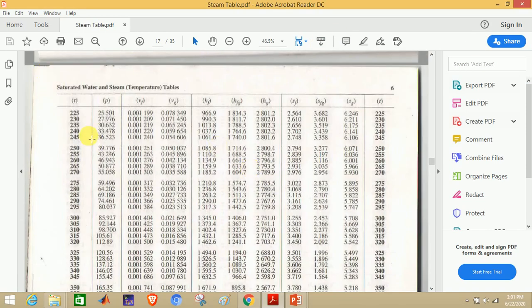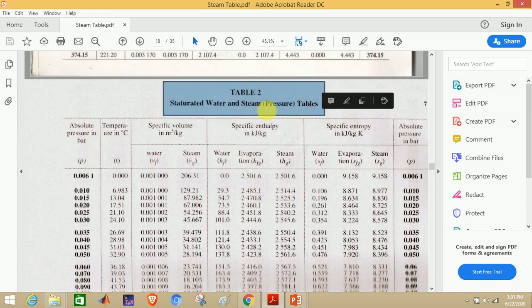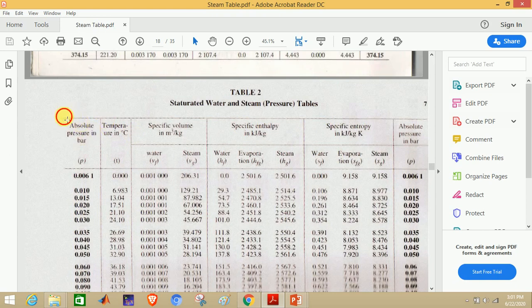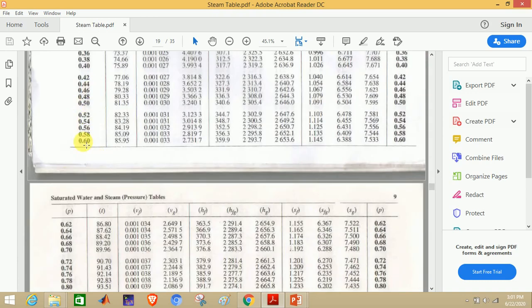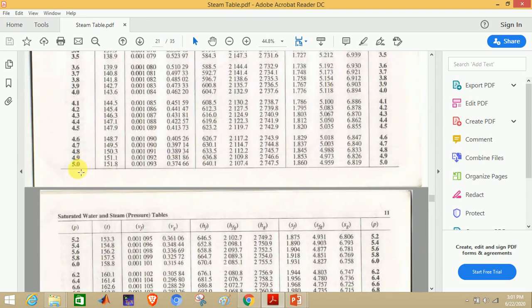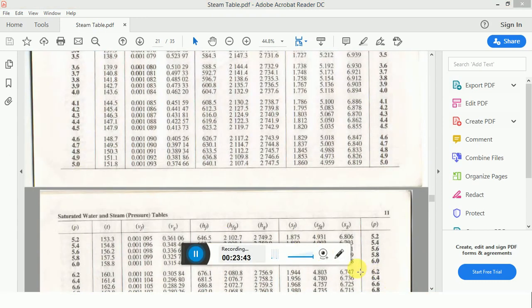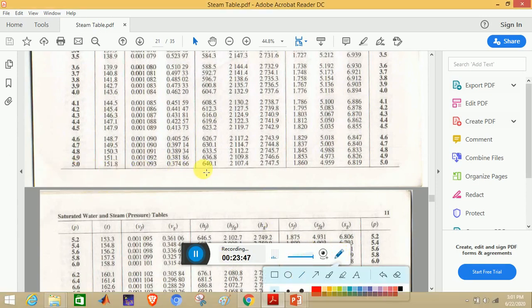Suppose now I want to find out the values on a pressure basis. So in table 2, the values are given on the basis of absolute pressure in bar. If I want to find the values at 5 bar pressure, then based on 5 bar we find the values.